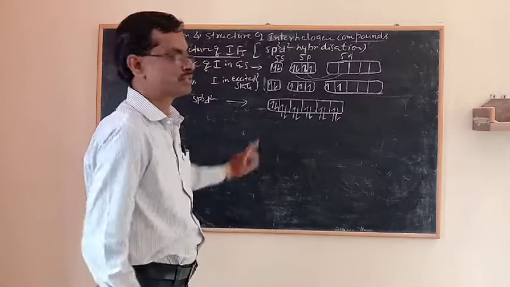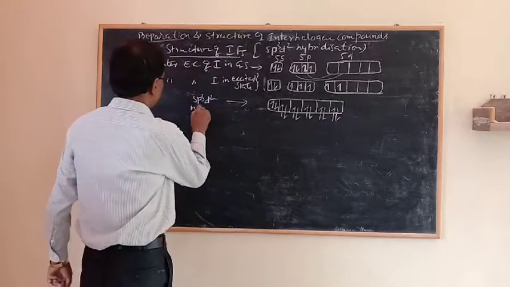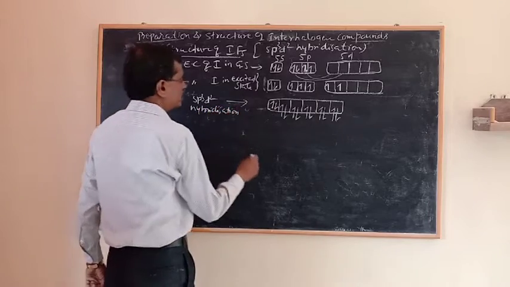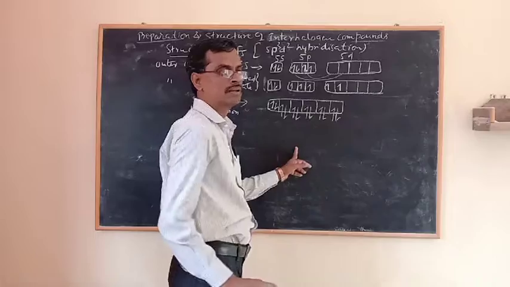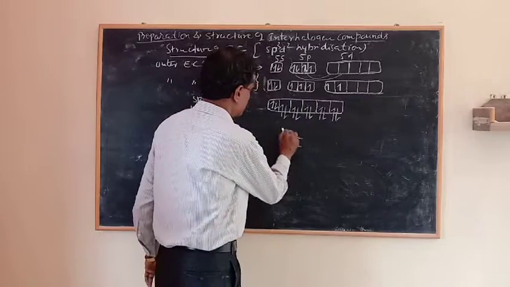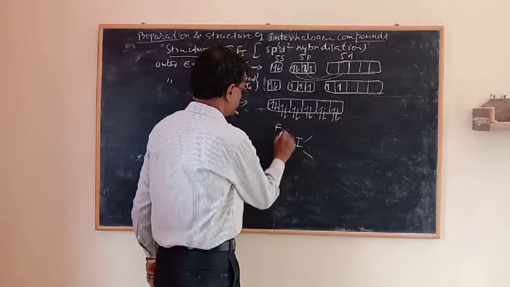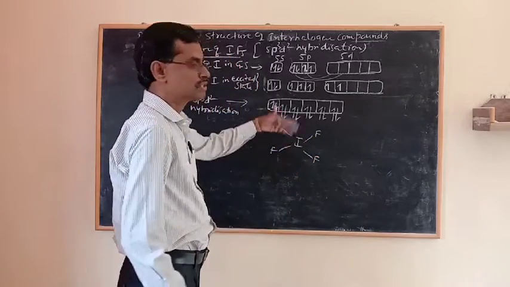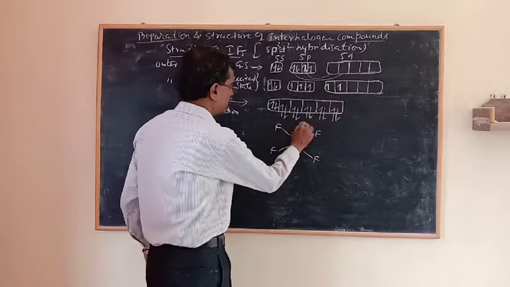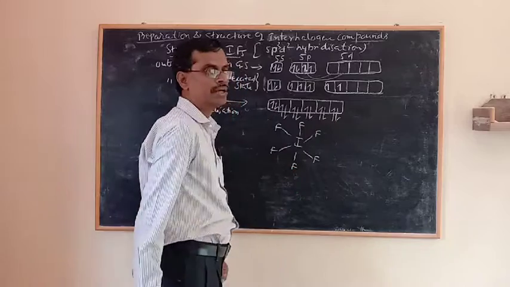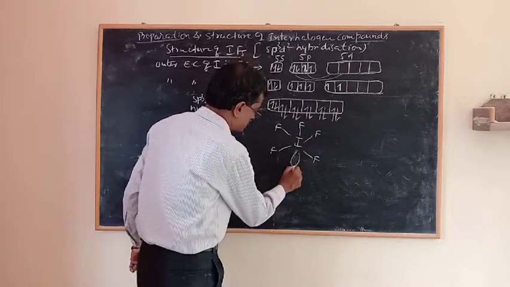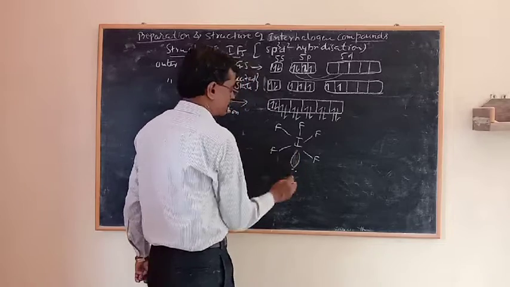So the shape of this sp3d2 hybridization molecule is like this. This iodine is having 4 sides fluorine atoms, and one is above the plane, another one is below the plane, and there is one having this lone pair of electrons.